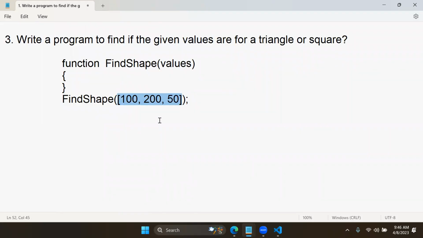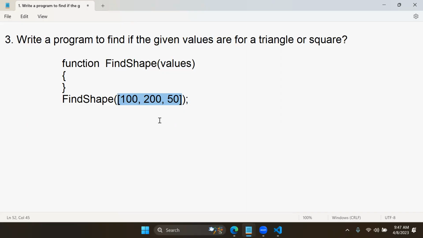If 3 values are passed, it is a triangle. If 4 values are passed, then it is a square. As of now, we are checking 2. If 5, it is a quadrilateral or something else. We are defining only 2 as of now.